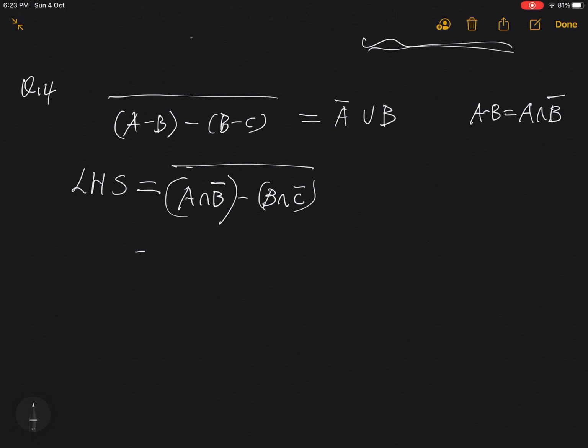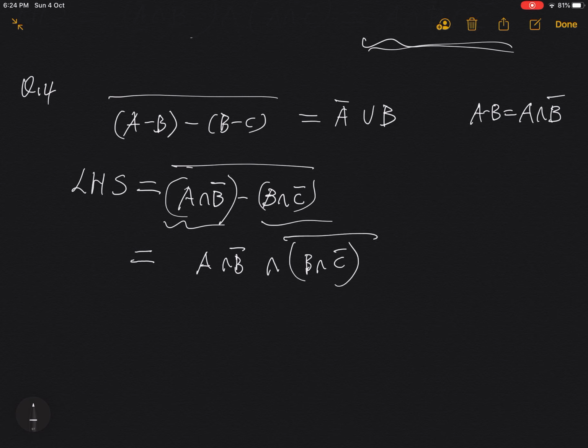And again, we change the form, so it's A and B and C complement, then a complement. And also we have a complement outside. And then we take a complement inside.